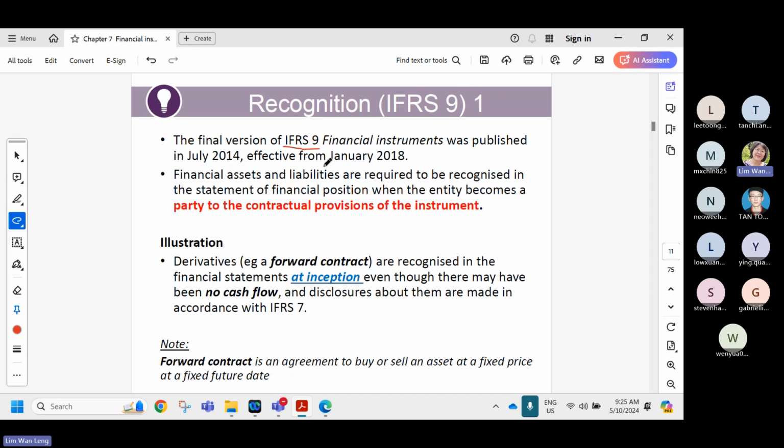9 to be finalized. So they tell you, first published 2014, effective 2018. Even when it was first published, it also took many years of refining until the standard was made effective.